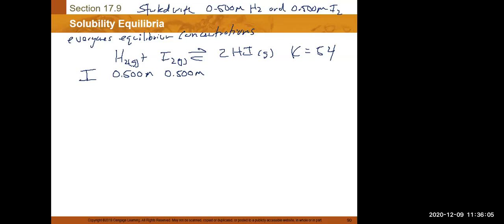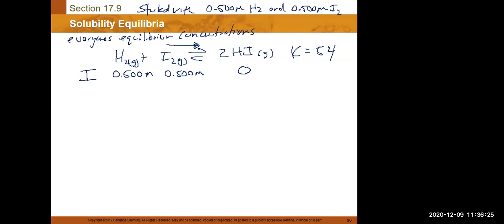If you're not given anything on the product side, it's safe to assume that you're starting with 0. That's typically the way we would set up an ICE table for a problem like this. We also can safely assume that this reaction is heading towards products because we're not starting with any products. So that's a pretty safe assumption.